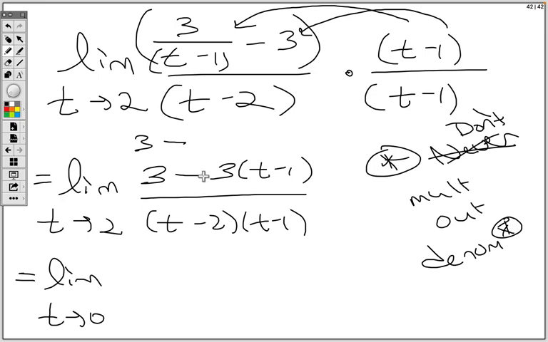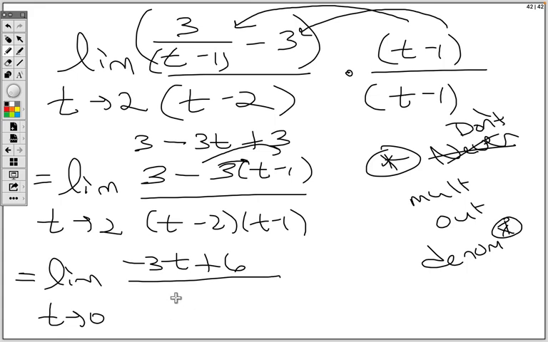So we've got a 3 minus 3t, and then be careful. That's going to be a plus 3. So we end up getting a minus 3t plus 6 over t minus 2 times t minus 1.